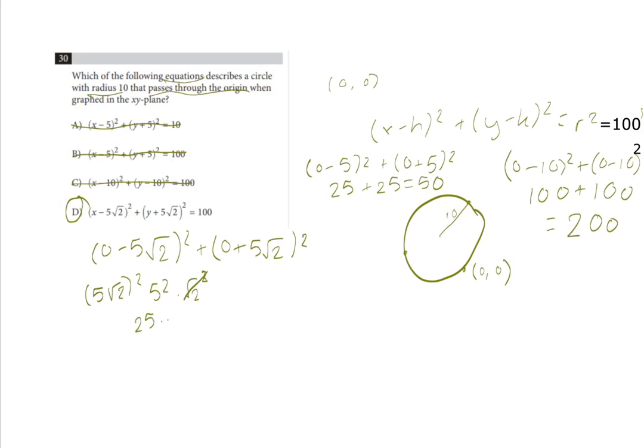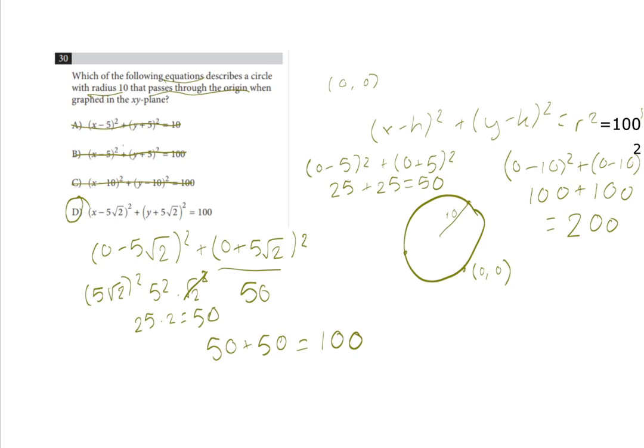So it ends up being 25 times 2, which is 50. And this right here is the exact same thing as this, because when we square, we get rid of the negative anyway. So this is also 50. 50 plus 50 does equal 100. So we can confirm that D is the right answer, but just by elimination, we knew that it couldn't have been any of these other ones.